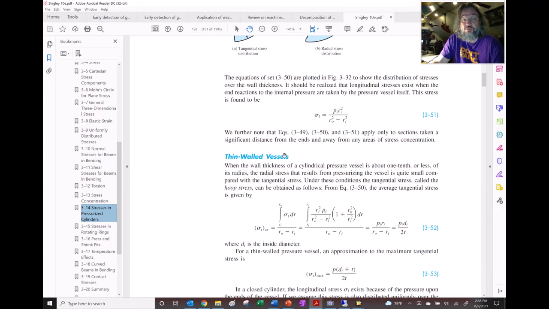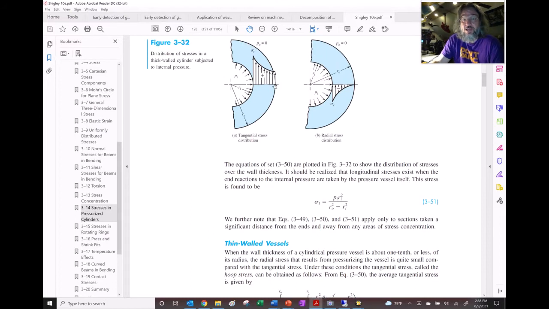And right here's where thin-walled begins, and right here is an important statement that we want to make. When the wall thickness of a cylindrical pressure vessel is about 1/10 or less of its radius, the radial stress that results from pressurization is quite small compared to the tangential stress. As a consequence, we can really ignore the variation between the inside and the outside.